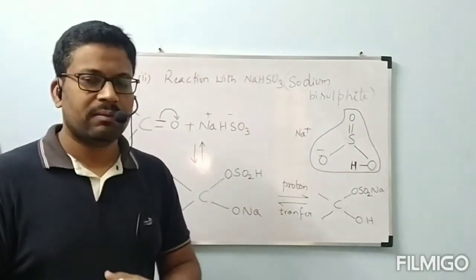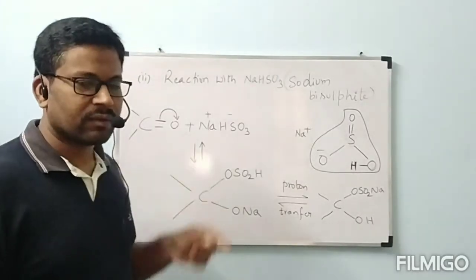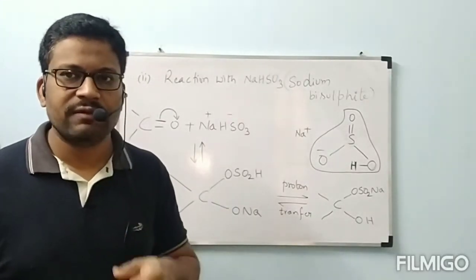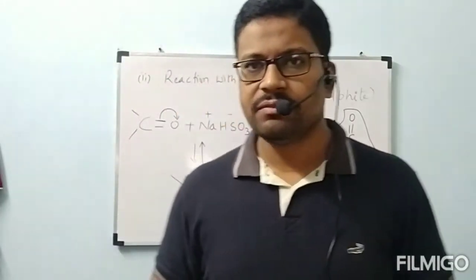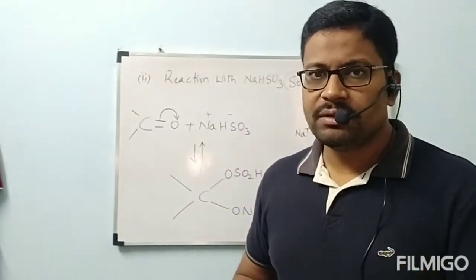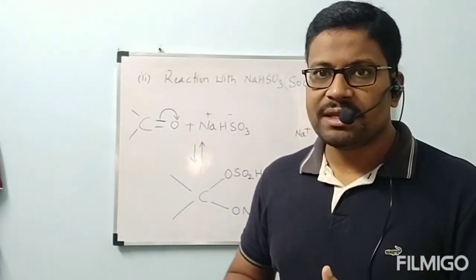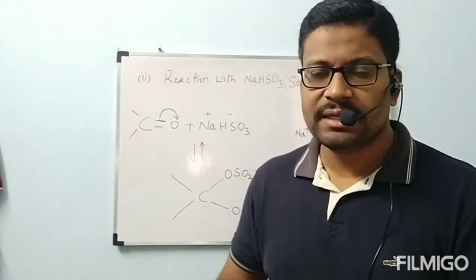Now my question is, between aldehydes and ketones, which is more reactive? In last class we already saw that aldehydes are more reactive than ketones. When aldehydes are more reactive than ketones, they will participate in the reaction very quickly and form the products easily.